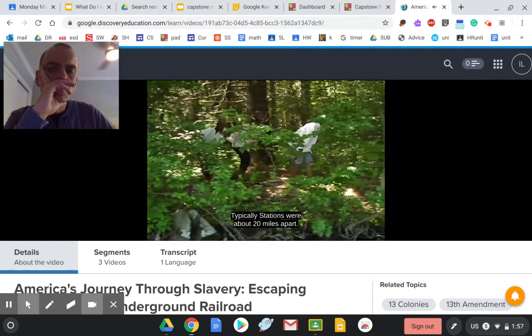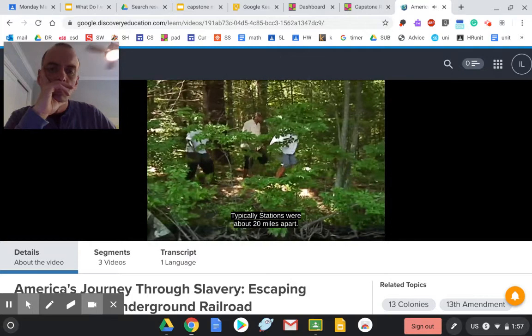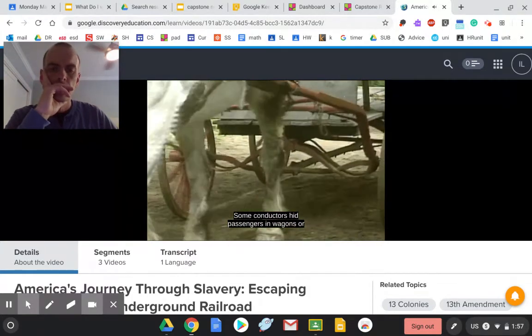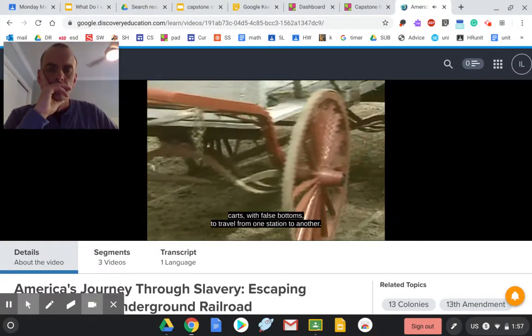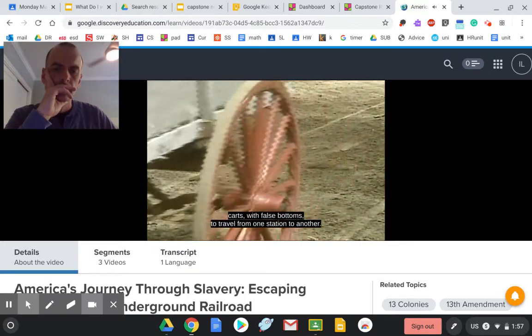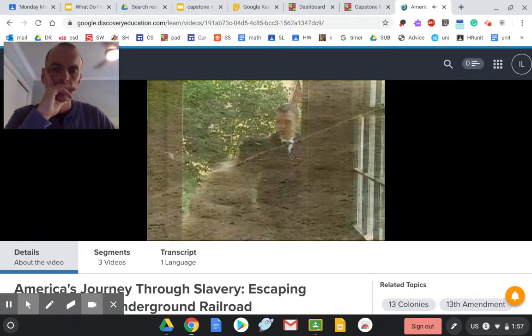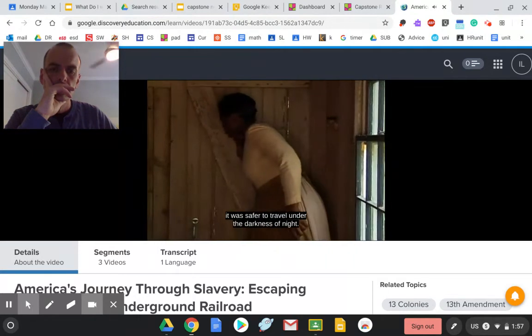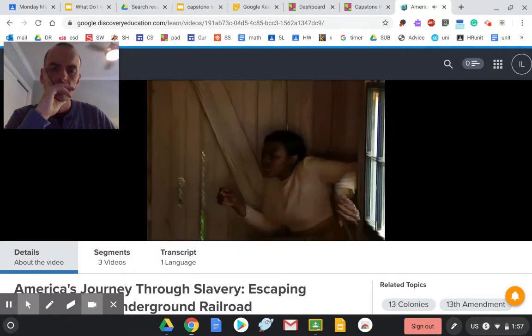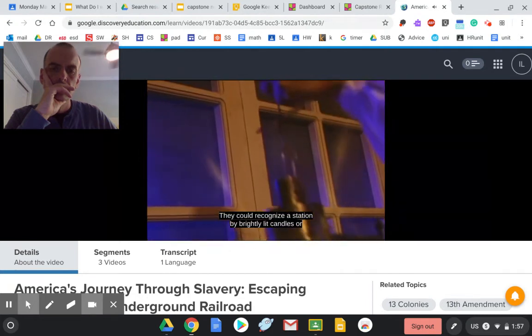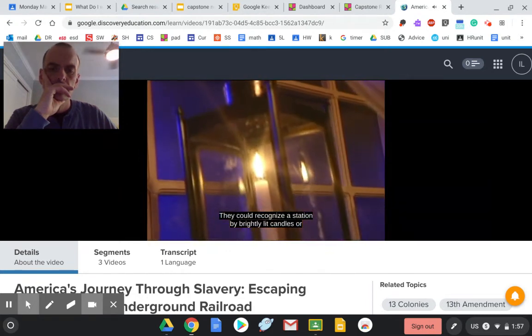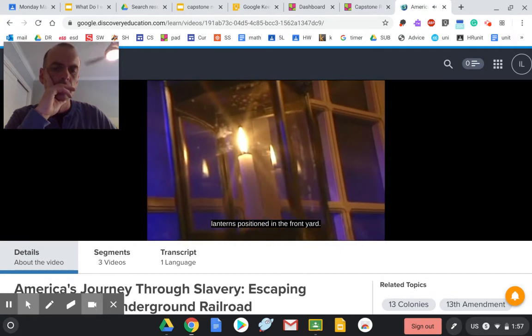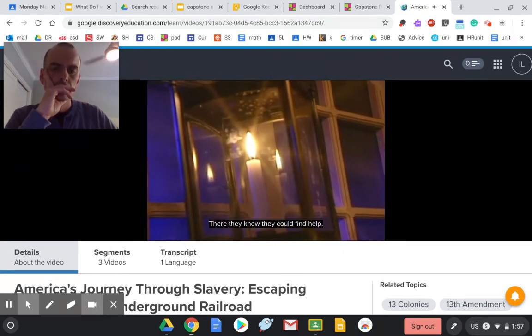Typically, stations were about 20 miles apart. Some conductors hid passengers in wagons or carts with false bottoms to travel from one station to another. Runaways usually hid during the day. It was safer to travel under the darkness of night. They could recognize a station by brightly lit candles or lanterns positioned in the front yard. There they knew they could find help.